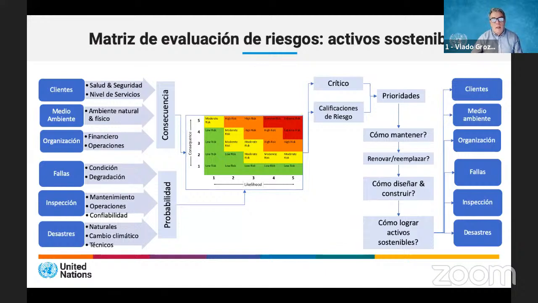On the other hand, the consequences can be health, safety, level of services, natural and environmental impacts, what the consequences will be. And we put the grades from 1 to 5, both on likelihood and consequences. When we have this red area here, we're going to see the critical assets, or risk ratings.